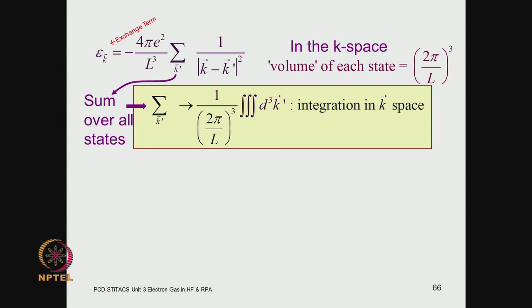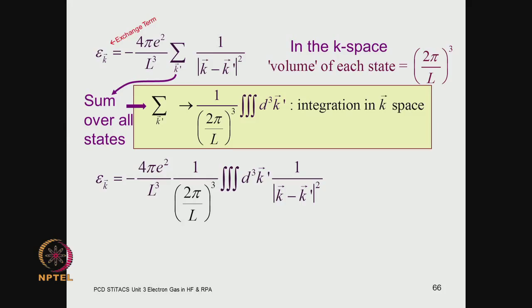So you have to change over from this discrete summation to integration. So this will be an integration over all the states, and you must integrate over the entire volume and divide it by the average volume of each state, which is 2 pi over L whole cube. So that is what the summation over k prime will be replaced by. So let us go ahead and do this integration now.